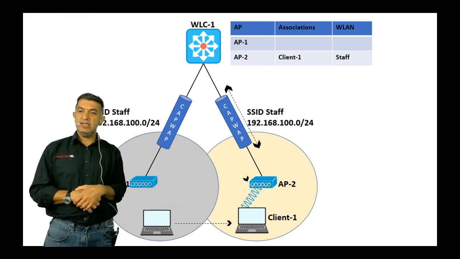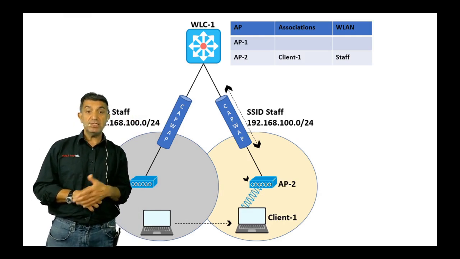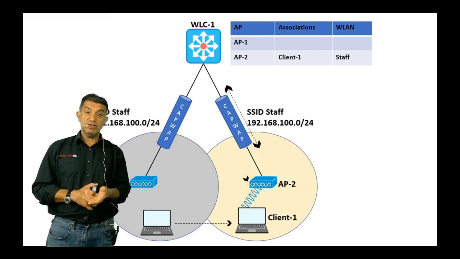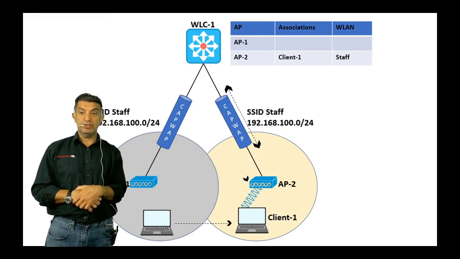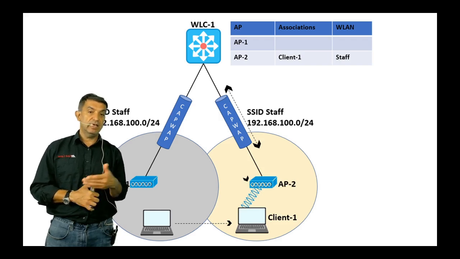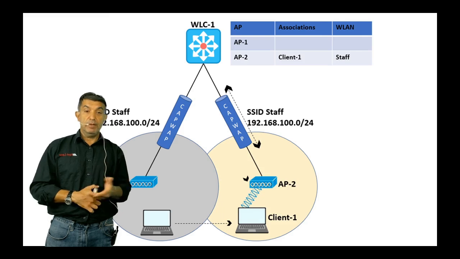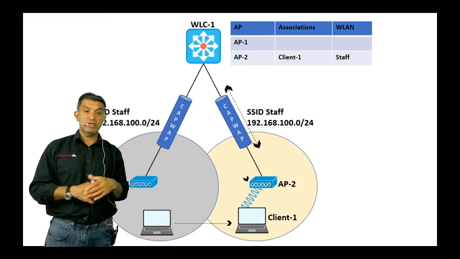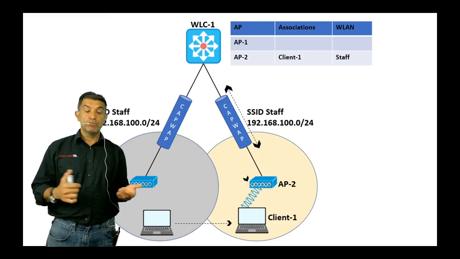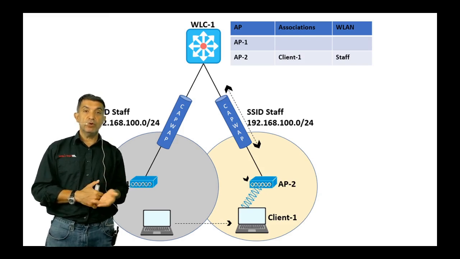The process is mostly done by the client, by the drivers of the wireless adapters of the wireless clients. If it is a smartphone, a tablet, a barcode device like a Zebra, or a regular notebook or laptop, the decision is done by the client.